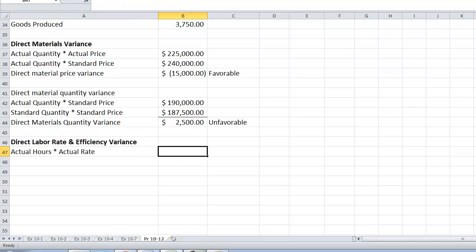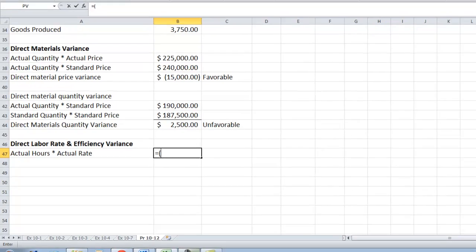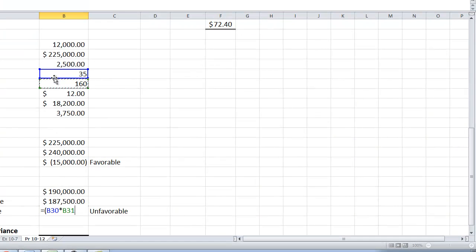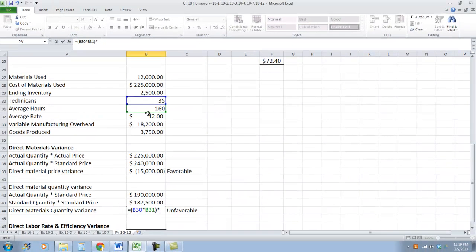To get the actual hours, we had 35 technicians, it said in the problem, at an average of 160 hours, and our average rate was $12 an hour.